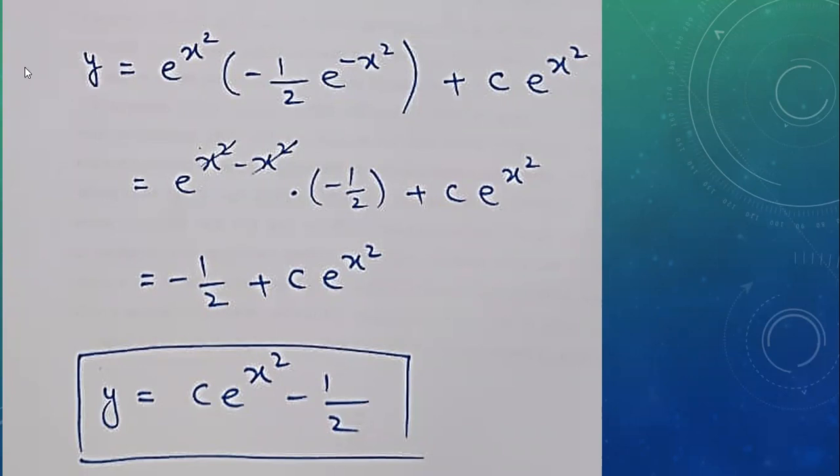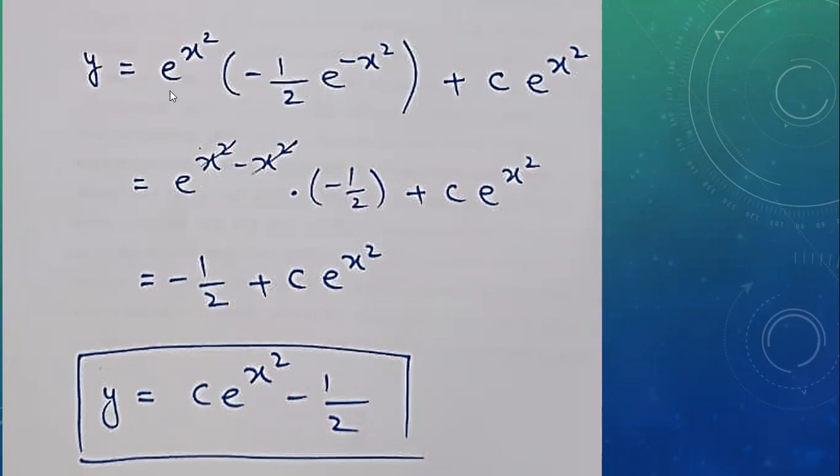When you put this value of the integral back in this equation, you obtain y times exponential power minus x square is equal to minus 1 by 2 times exponential minus x square plus c. In the next step, what I want to calculate is y. To obtain this y, here we had exponential power minus x square. I will take it to the other side, so it will be multiplied with both terms.